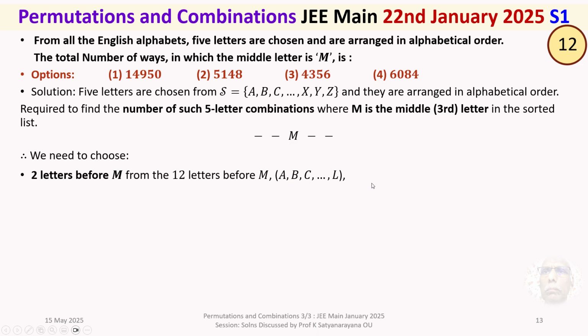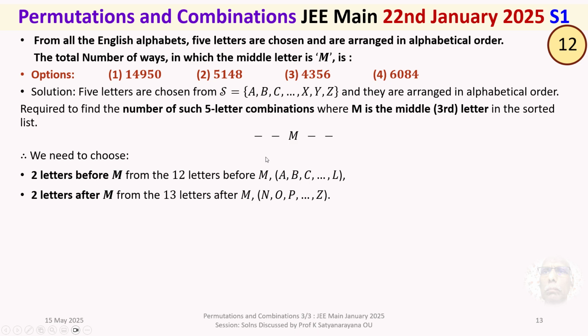A, B, C up to L. The next one, 2 letters after M from 13 letters after M. What are the 13 letters after M? N, O, P up to Z.